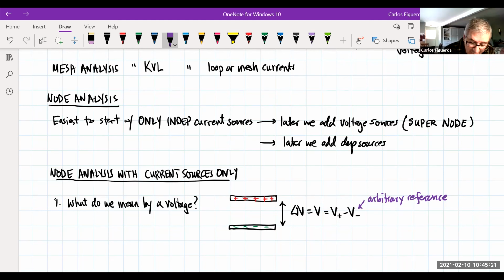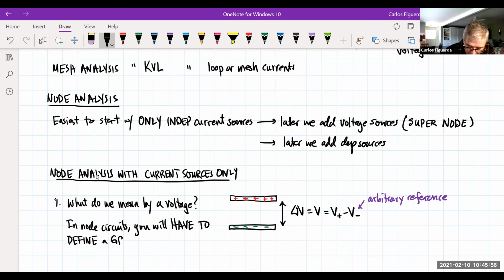So what we're saying here is that in node circuits, you will have to define a ground.